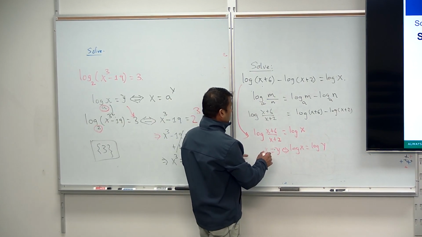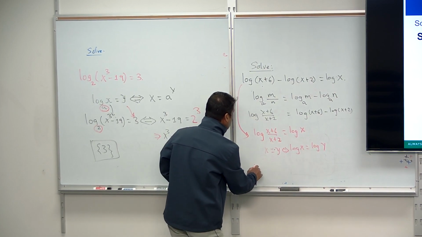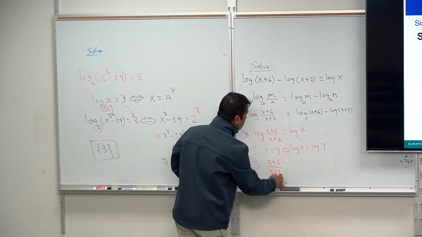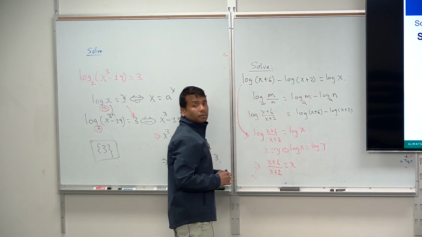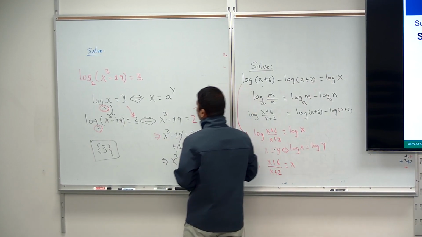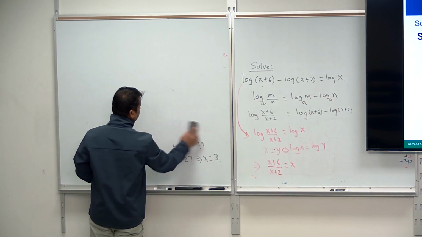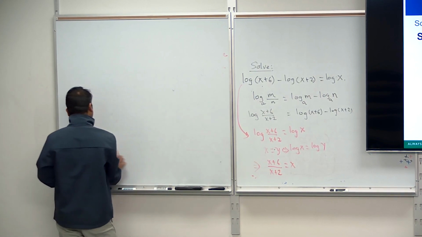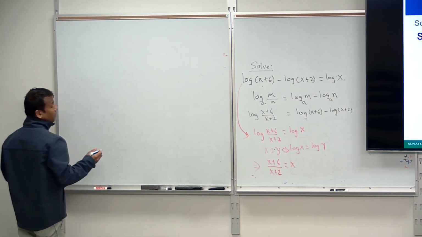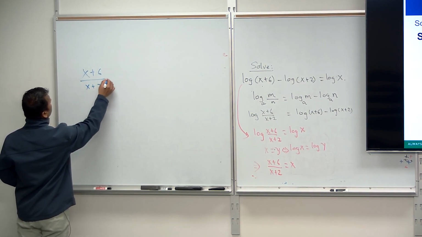So if you have log of x plus 6 over x plus 2 equal to log x, this is equivalent to x plus 6 over x plus 2 equal to x.